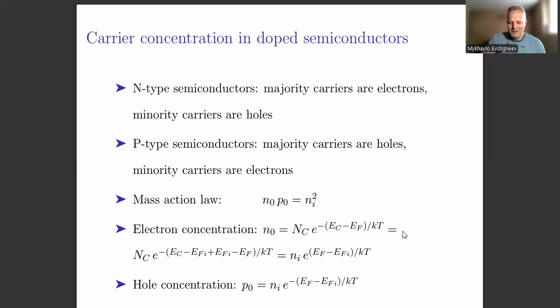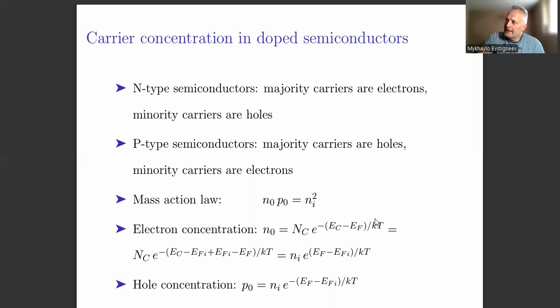Then the second expression for an intrinsic concentration is the hole formula, Nv times exponential to the power Ev minus E Fermi intrinsic over kT. The third expression is the geometric average of the two, square root of Nc Nv times exponential to the power negative bandgap energy over 2 kT.